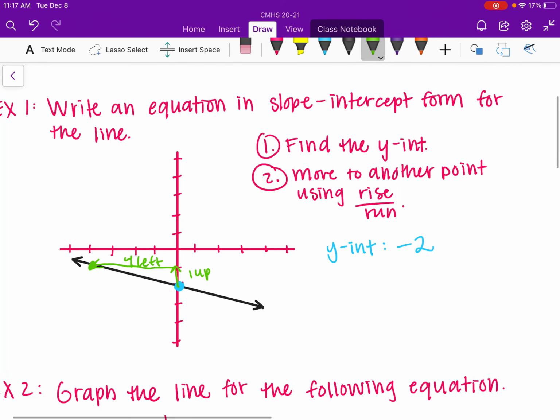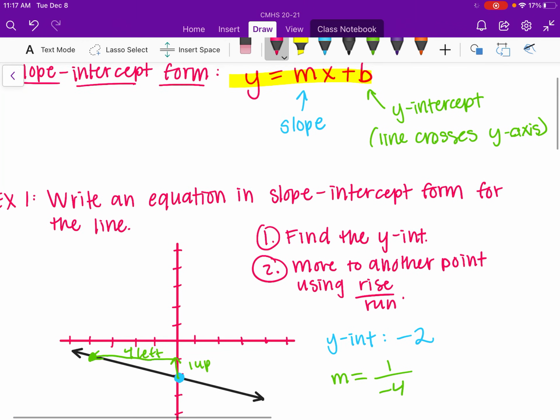So 4 left. If you'll remember, m is slope. Since we went 1 up, that's a positive number, 1. And if we went 4 left, left is a negative number, so -4. So the slope here is -1/4, or 1 over -4.